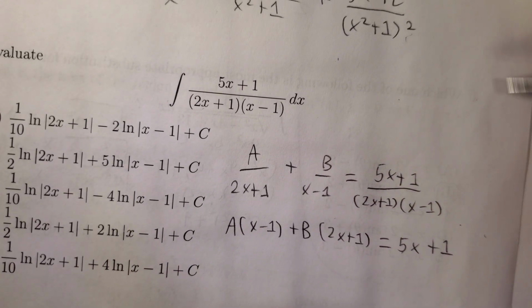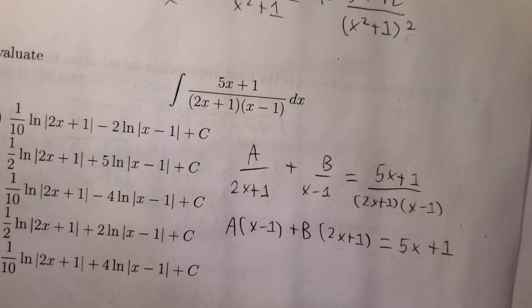And now from here, in order to solve for a and b, there are two ways to go about it. And the first thing you'd want to do is start with one of these approaches and then move up to the next one.